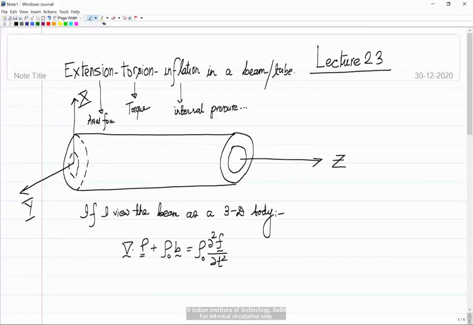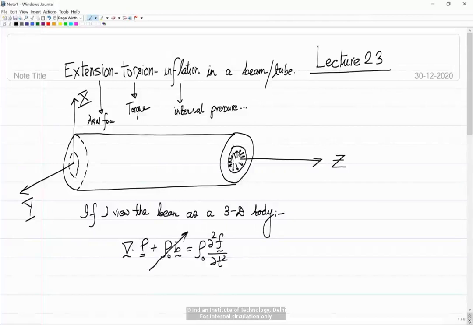Now suppose that body force is not present here. You may be applying pressure from inside, but that's not a body force. Body force acts at every point in the body, and it has the unit of force per unit volume, whereas pressure has a unit of force per unit area. So it's not a body force.